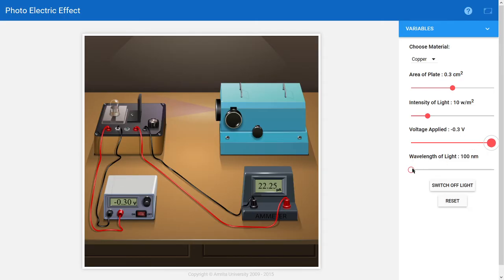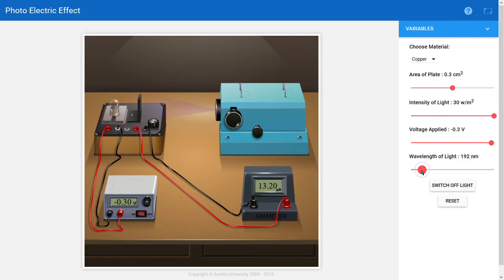Now coming to the wavelength of the light, you can see this is the light. As we are here, around 100 nanometer, this range is for the ultraviolet. If we choose it and increase the value, please look at the color of this light. The wavelength is increasing, that means the frequency is decreasing.